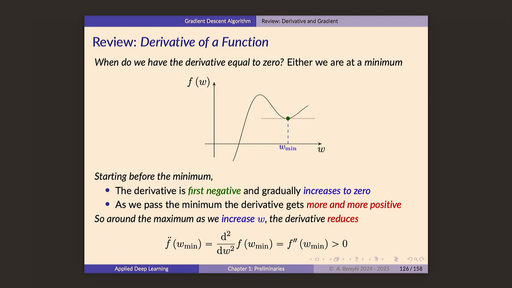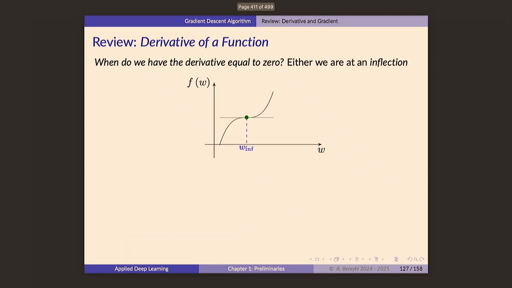Great. Now, can you think of any other form of points where we have derivative 0? Inflection, right? The inflection point, exactly. So this guy, correct? So you could have your function just going with a curvature like this, going up, and when it gets to this flat curvature, it's not going down again. It's just going up again.